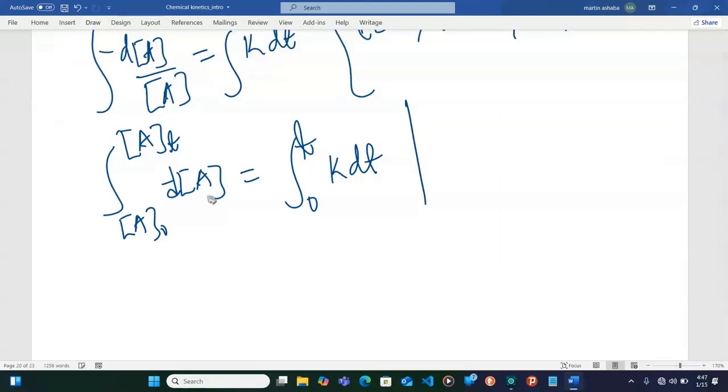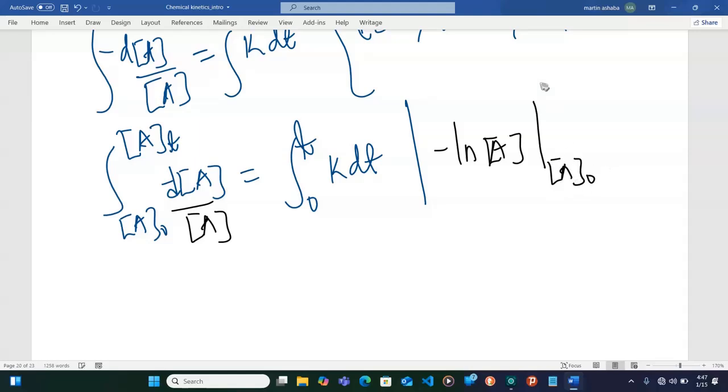Remember this is out of the concentration of A, so this gives us the natural logarithm of the concentration of A, and we substitute in the limits like this. And this is going to give us kt.